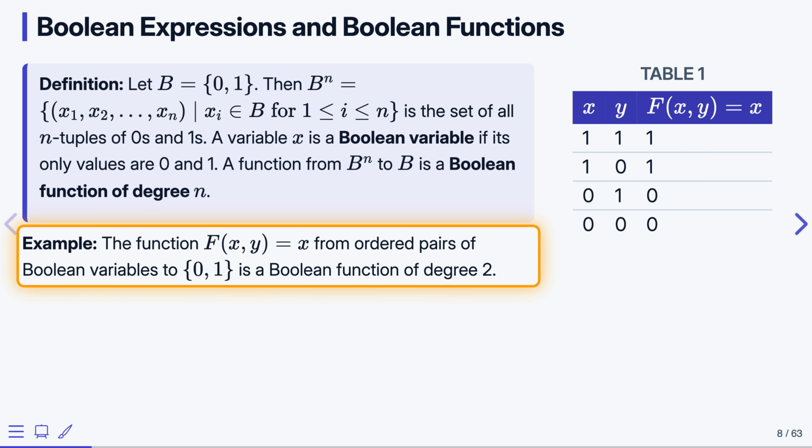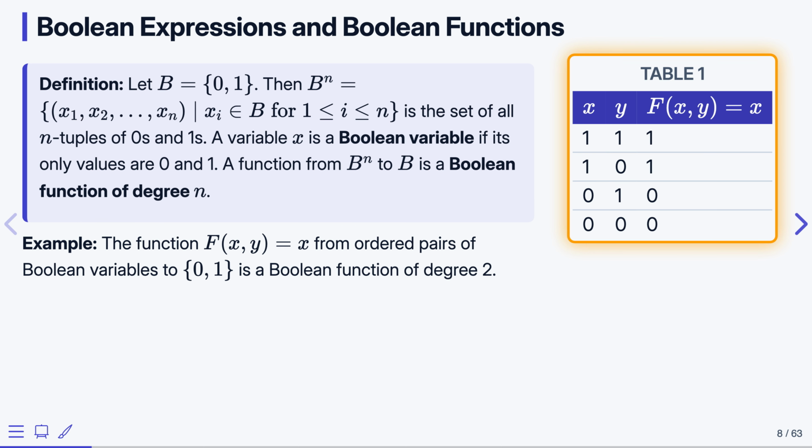So it is an ordinary function, but restricted to 0 and 1. For example, f of x and y equals x is a Boolean function of degree 2. The table on the right shows that degree 2 function laid out fully. 2 input columns and 1 output column, with 1 row for each of the 4 possible input pairs.